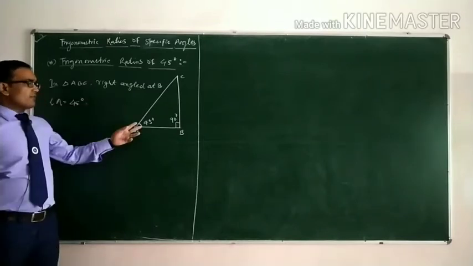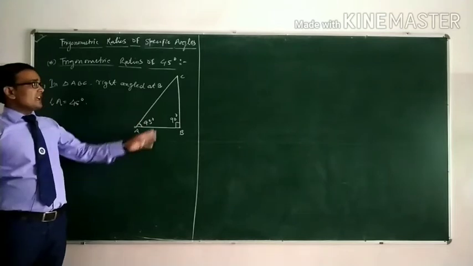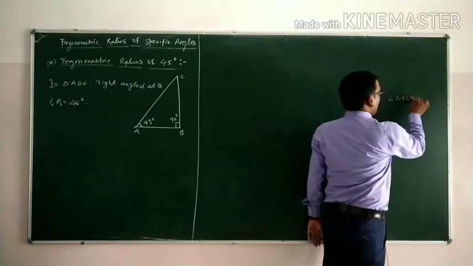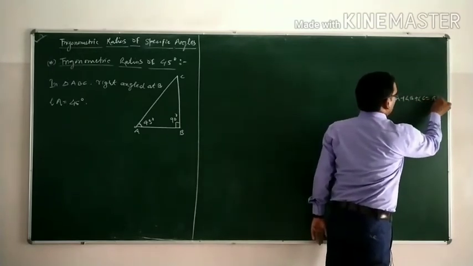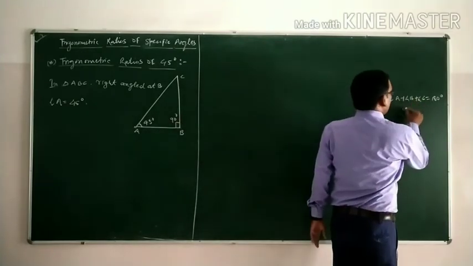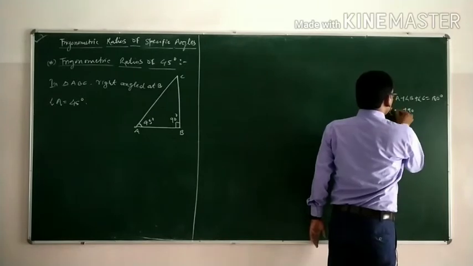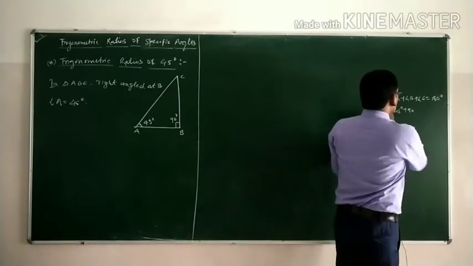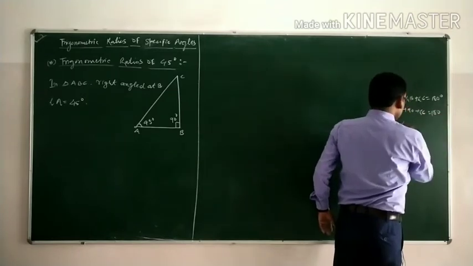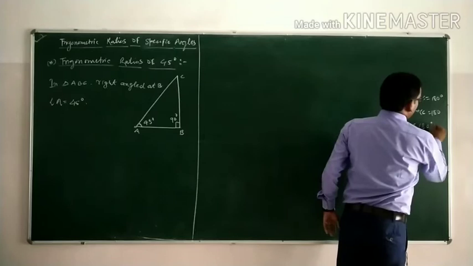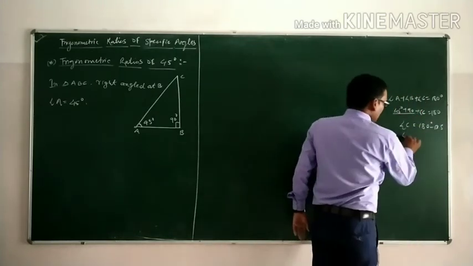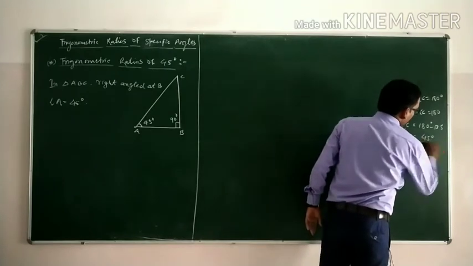If angle A is 45 degree, then angle C is also 45 degree. Angle A plus angle B plus angle C equal to 180 degree. Here angle B is 90 degree and we take angle A equal to 45 degree, then angle C equal to 180 minus 135, so angle C equal to 45 degree also.